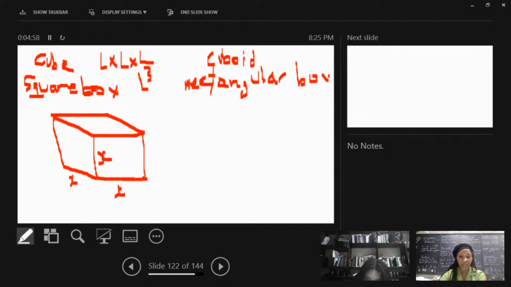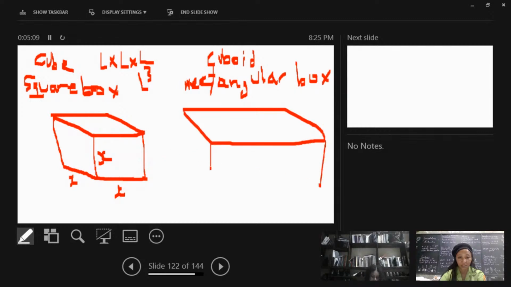So the length and the width and the height are usually different. So it's a rectangular box. Usually different. Two of them can be the same. So the height and the width can be the same and the length different or whatever, but they're usually different.